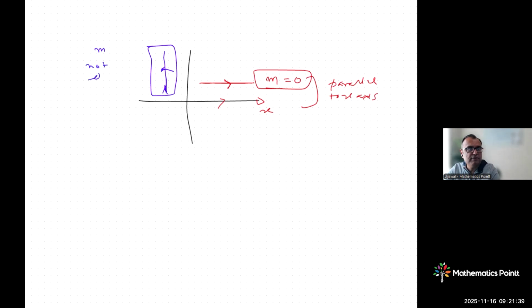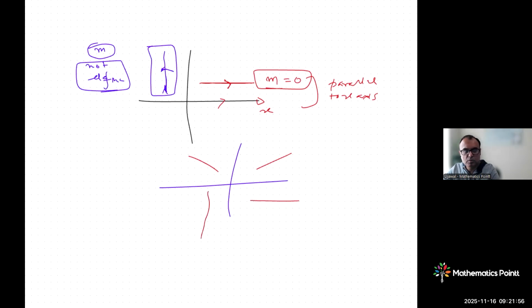I cannot define the slope. So always remember, if I draw a Cartesian plane, and I draw a line like this, like this, like this, and like this: slope is positive, slope is negative, slope is 0, and slope is not defined.